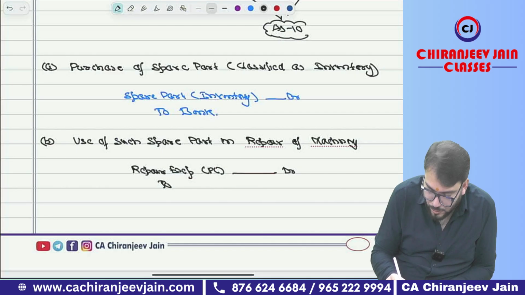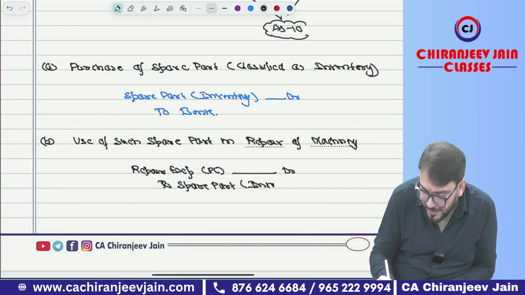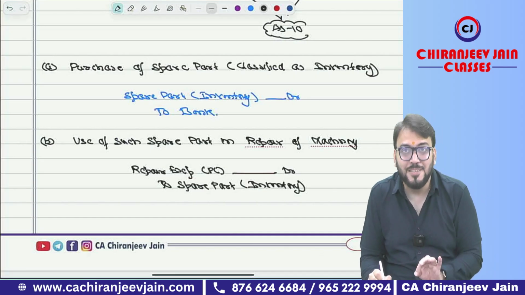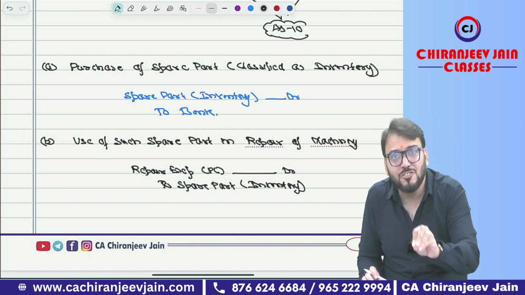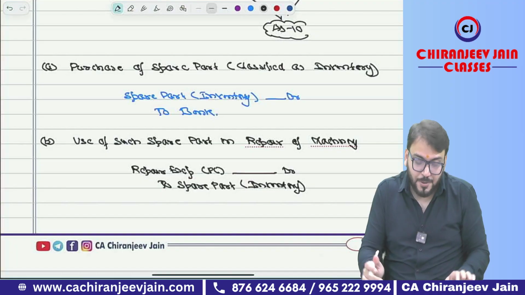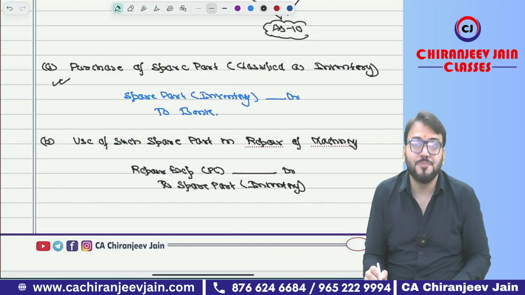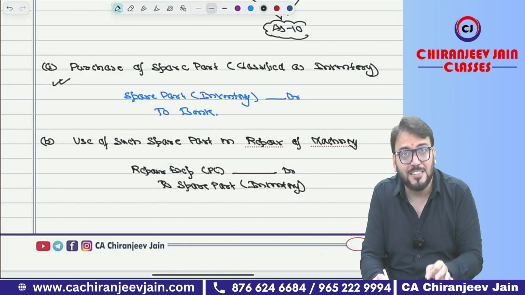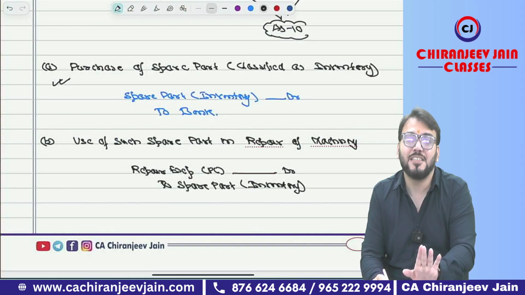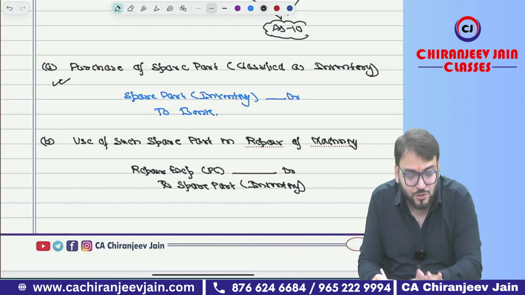Account debit to spare part. It means spare part, that inventory will be charged to PL account as a repair expense, that they want to say. Once you have used it, that spare part will be charged to PL as an expense. Got this point? Have you understood? If it is classified as inventory, then if it is classified as PP, then apply AS10. Then there is no need to apply AS2.